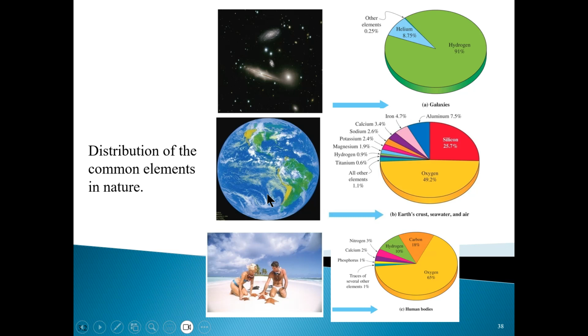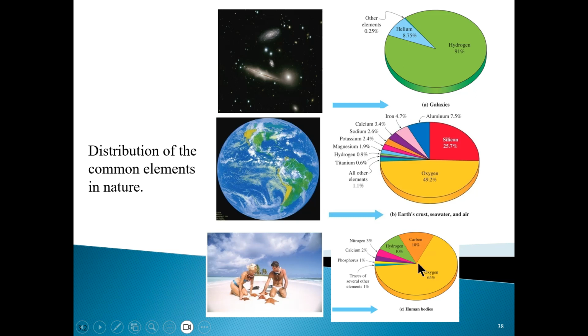On Earth, what you'll find is that the most abundant element is oxygen. Then the next in line would be silicon. Then you have aluminum. And then as you can see, we have some others here whose individual abundance is no more than 4.7%, which is iron here. And then they become less and less as we look at the other elements.